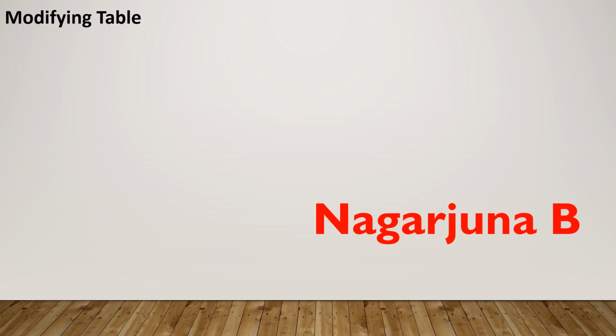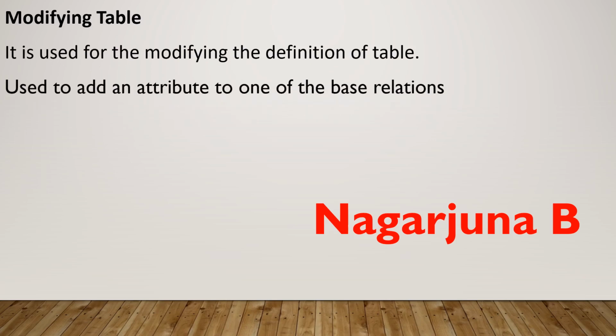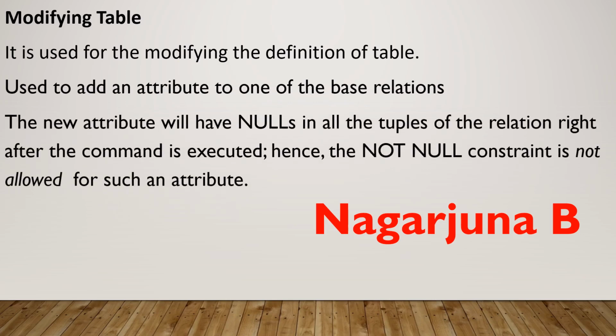Modifying table, that means we can make changes to the table as well as the contents which are present in the table. It is used for modifying the definition of a table, used to add an attribute to one of the base tables. The new attribute will have null values in all the tuples of the relation right after the command is executed.